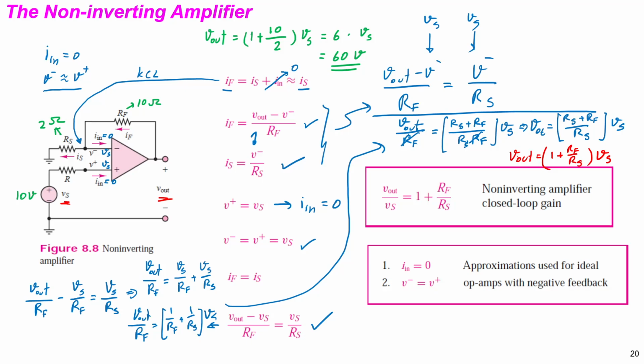The gain is 10 by 2 plus 1, which is 6, and we get 60 volt out without inverting the signal, so we call it a non-inverting amp. Non-inverting amp, the relation is this.